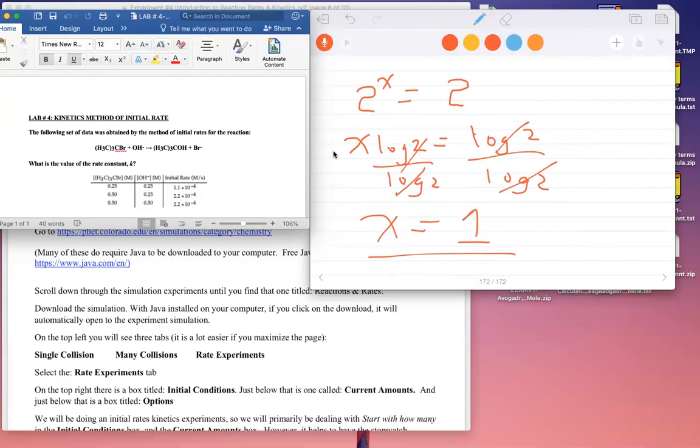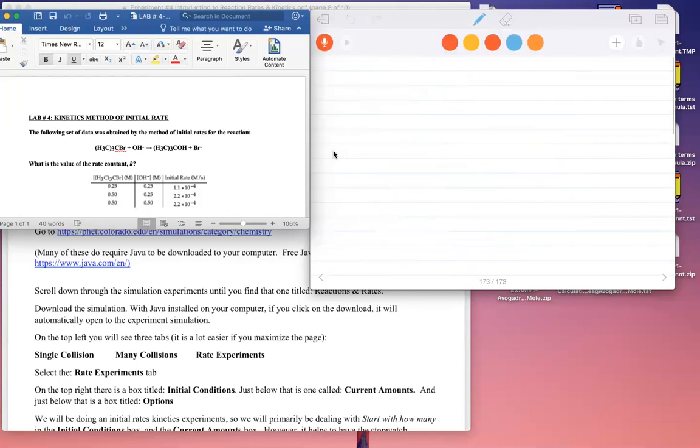Remember to use the logarithm on both sides. Once you're done with the reaction order for that particular reagent, you go and do the same to find the order for the other reagent, to find Y, that is for the second reagent.